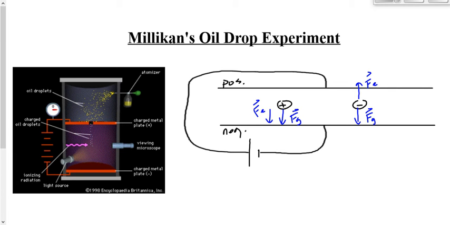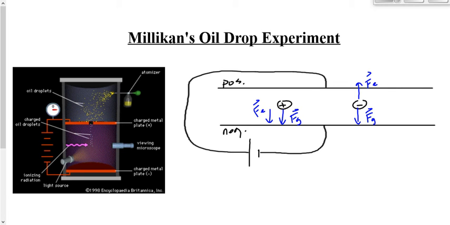One, if the electric force is bigger than the gravity force, it can accelerate upwards. If gravity is bigger, it would accelerate downwards. If the forces are equal, then it will travel at a constant velocity, or it will be suspended.